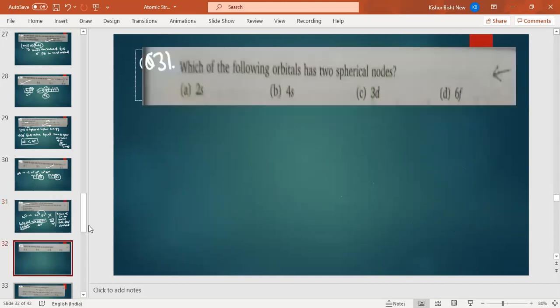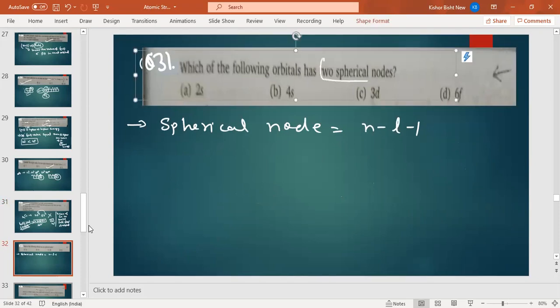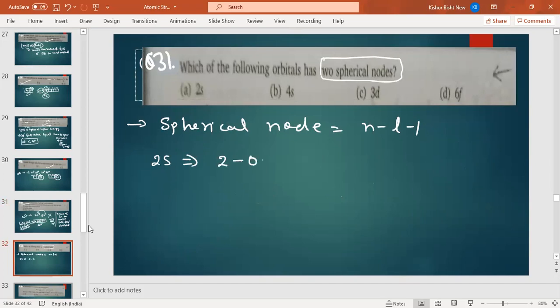Which of the following orbitals has two spherical nodes? We have already discussed, spherical node is equal to n minus L minus 1. So two spherical nodes it is asking. If I take 2s, here n value is 2, L value is 0, minus 1.